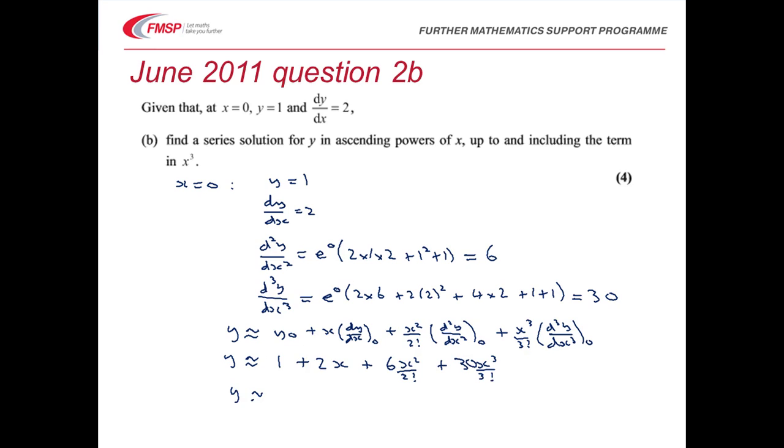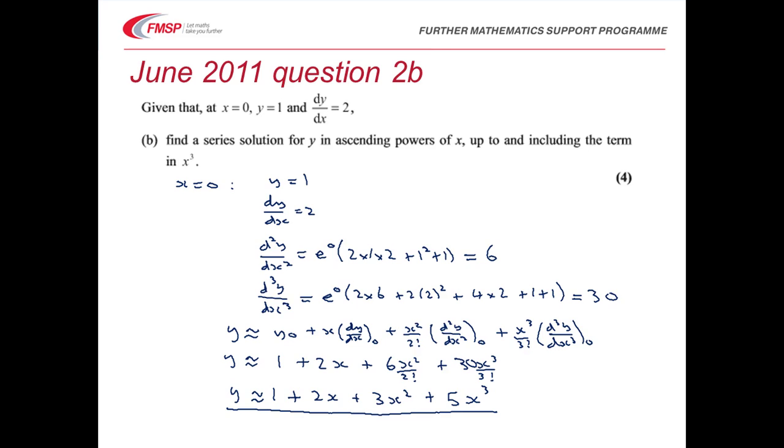So y is approximately 1 plus 2x plus, 2 factorial is of course 2, so 6 over 2 is 3x squared. 3 factorial is 6, so 30 over 6 is 5x cubed. And there is my final answer.